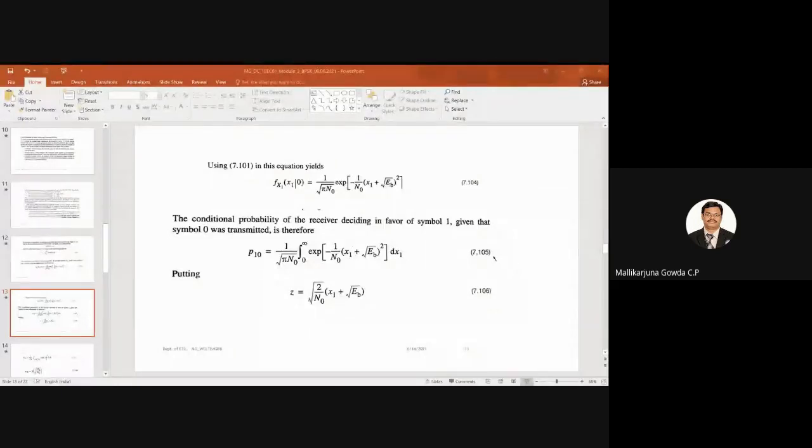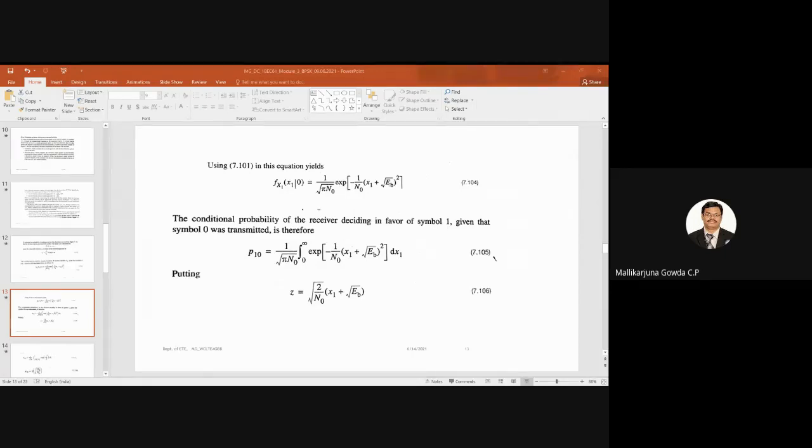So P10 is the conditional probability of the receiver deciding in favor of symbol 1 when symbol 0 was transmitted, which is equal to 1 by root of pi N naught, integral 0 to infinity of e power minus 1 by N naught of x1 plus root Eb whole square into dx1.